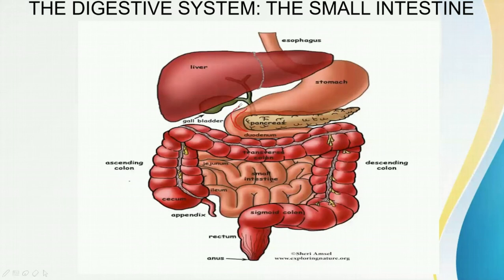When the chyme is neutralized by the bicarbonate alkaline solution, it later mixes with a solution that comes from the liver, pancreas, and gallbladder. Due to this solution, most of the chemical digestion takes place in the duodenum.